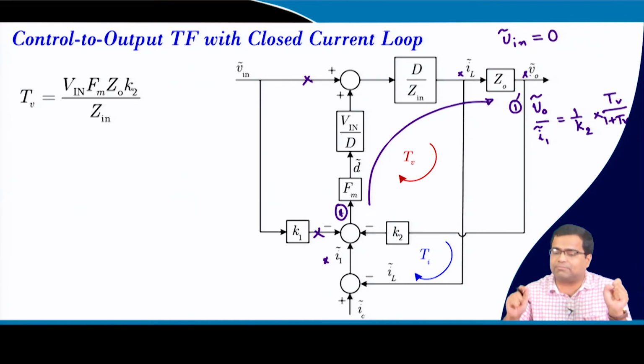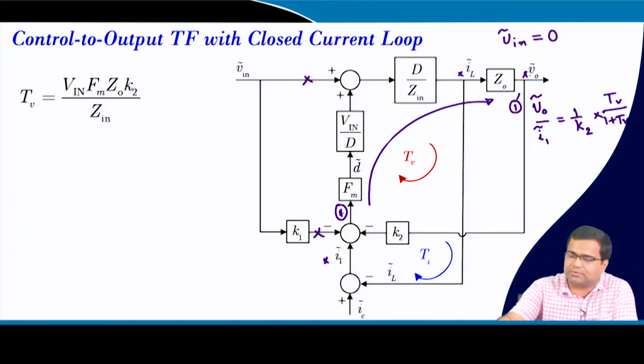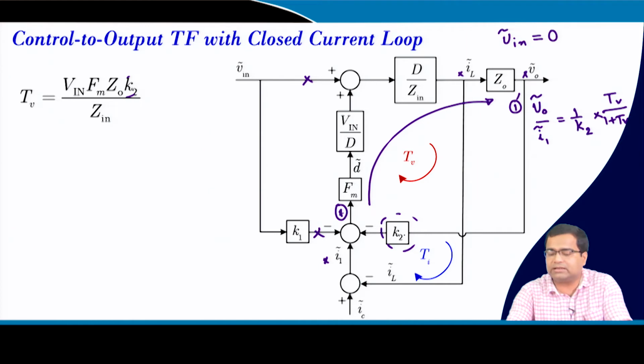The forward path has the voltage loop gain transfer function but excluding this term K2, which is now in the feedback path. So, you have to write 1 by K2 into TV by 1 plus TV, right.